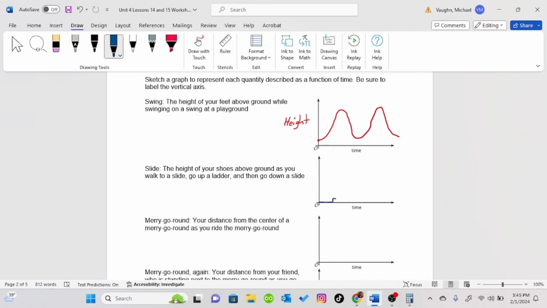Then I start to climb the ladder, up the slide, and then once I get to the top, I'm going to slide down until I get back to the ground. So this is what the graph could look like if we're tracking the height of the shoes as we walk to a slide, go up a ladder, and then down a slide.